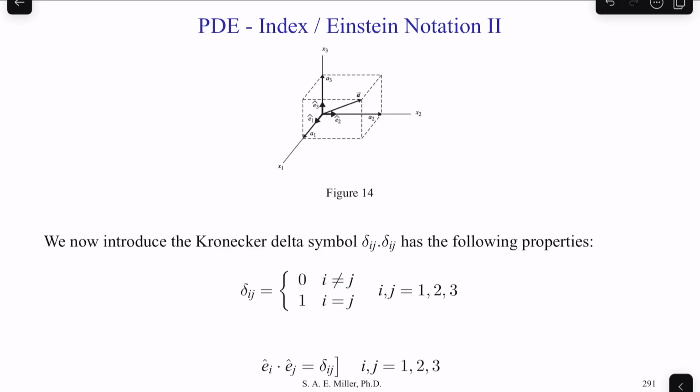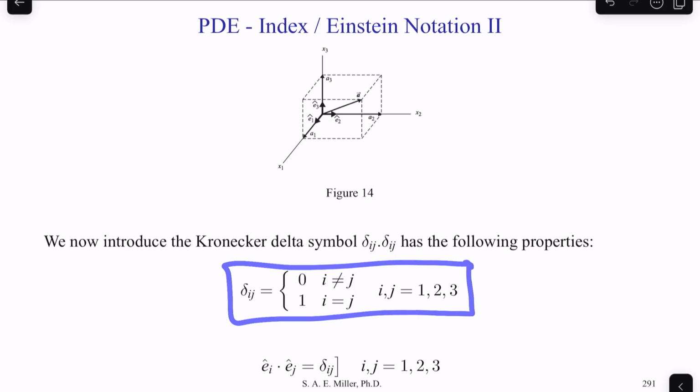So if i equals 1, j equals 1, or i equals something else and j equals the same thing, then it's 1. If i and j are not equal to each other, say i is 1 and j is 3, then it'll be 0. So you can imagine there's about 9 combinations in 3 dimensions from the Kronecker delta function, and that would result in either 1 or 0.